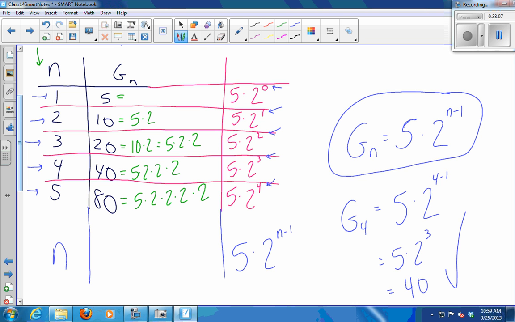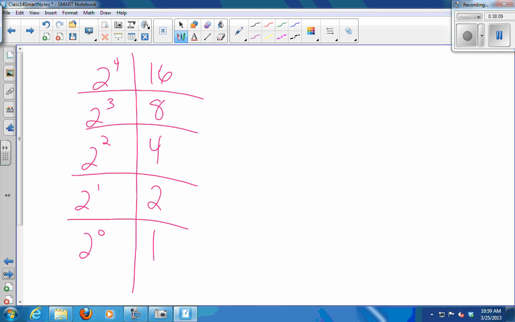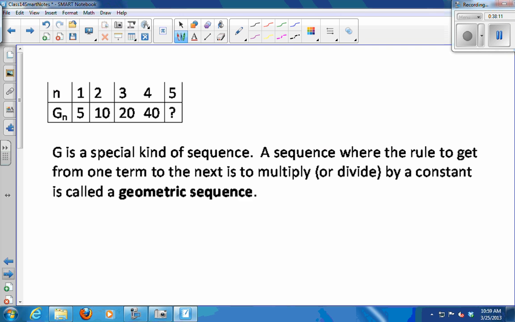So this is another special kind of sequence. A sequence where the rule to get from one term to the next is to multiply by the same number. Right? So if we're always multiplying by the same number like we are here where it was times 2, that's called a geometric sequence. You got it. Yep.